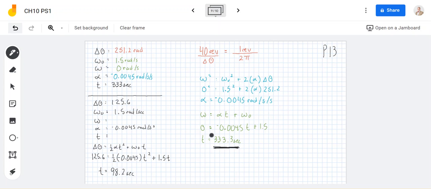So the time doesn't go the same way because your change in position depends on the time squared. And so it only takes 98 seconds to do the first half of the revolutions, but it takes basically another 200 to do the second. And that's because it's slowing down the whole time. So even though the amount of revolutions is the same for the first half and the second half, the second half time is so much longer because it's going so much slower.